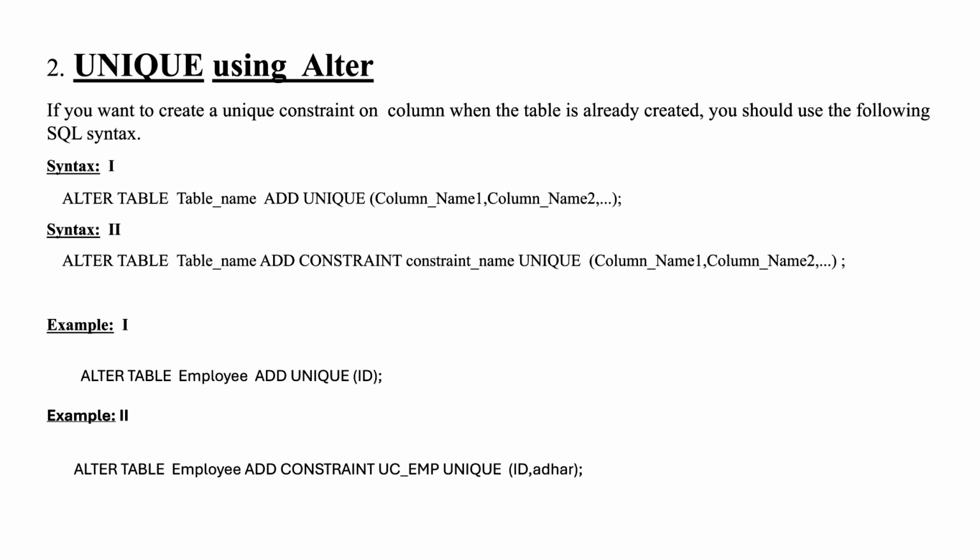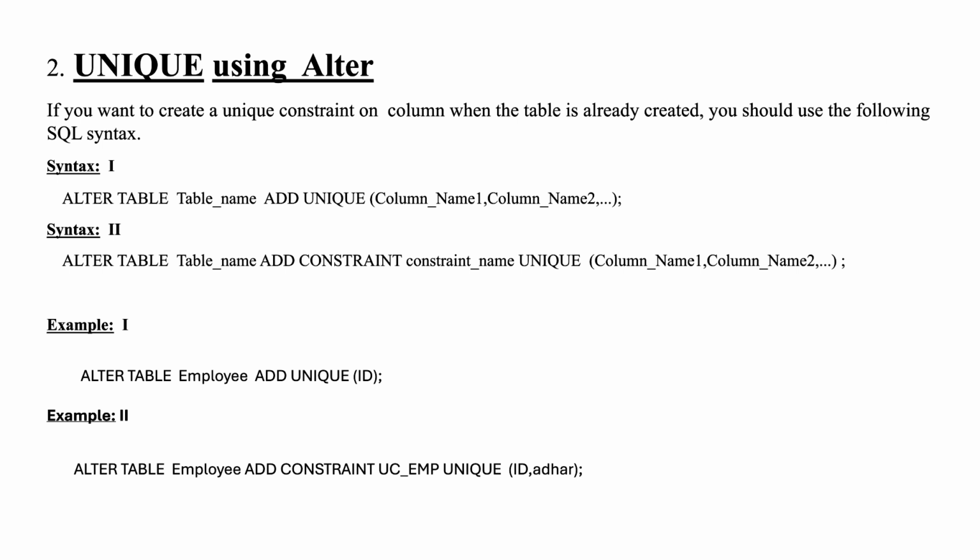The second point is unique using alter. If you want to create a unique constraint on a column when the table is already created, you should use the alter command. By using alter you can apply a unique constraint on existing columns. Syntax: alter table, table name, add unique, in brackets list of column names.